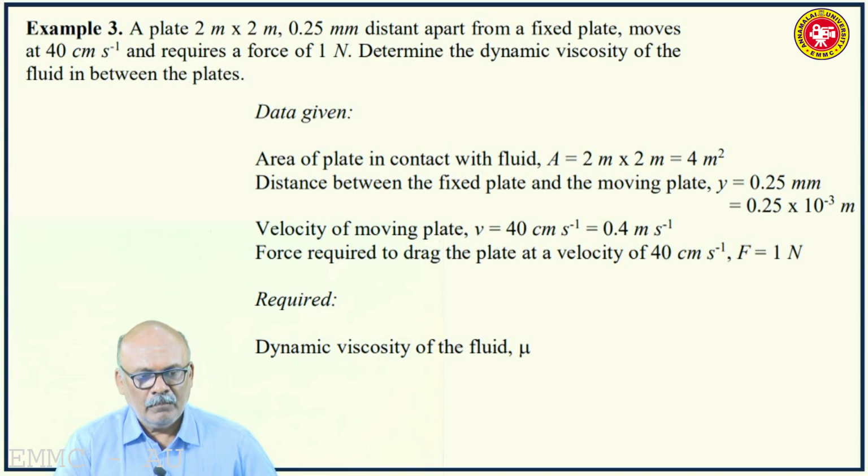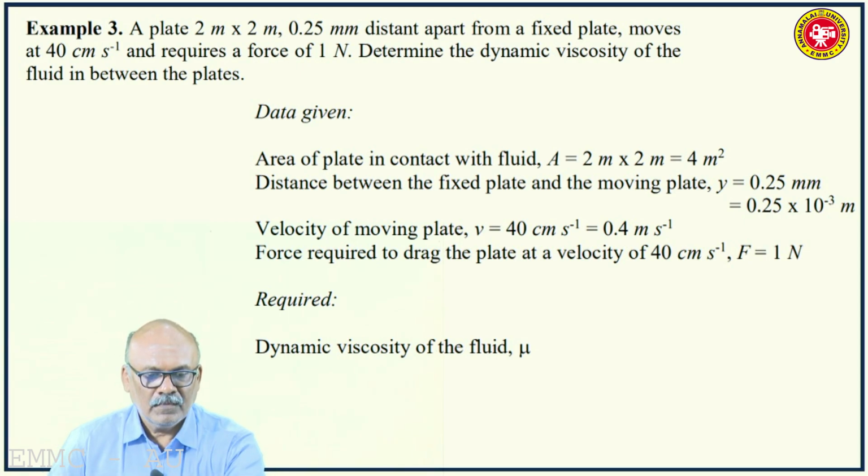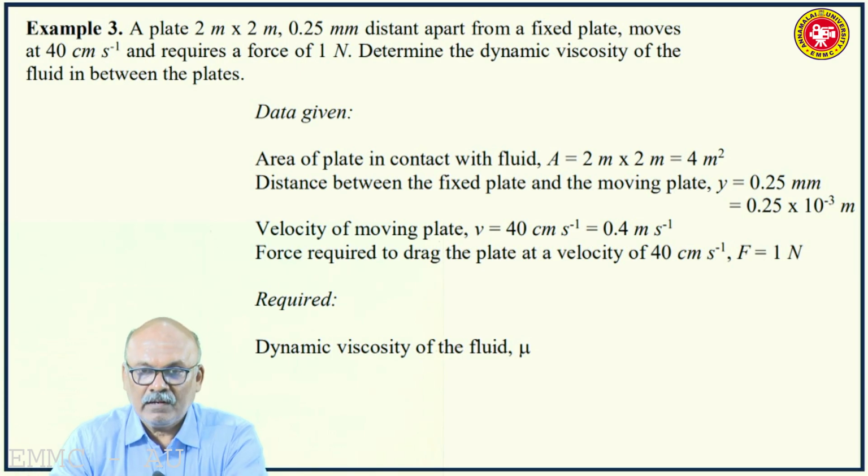Now the example number is given in continuation of the previous examples. Two examples we worked out involved mass density, specific weight and specific gravity. So now, let us go through the statement of the problem.